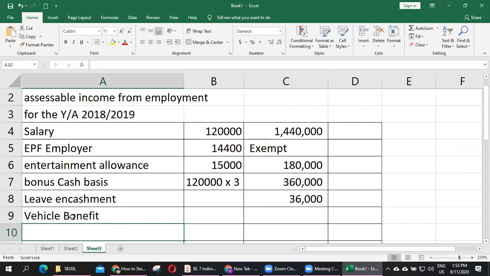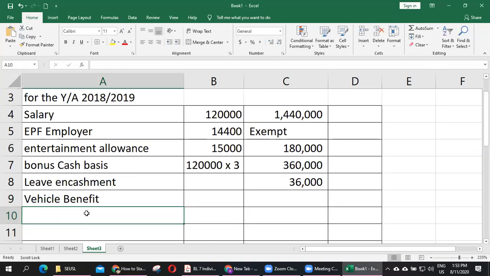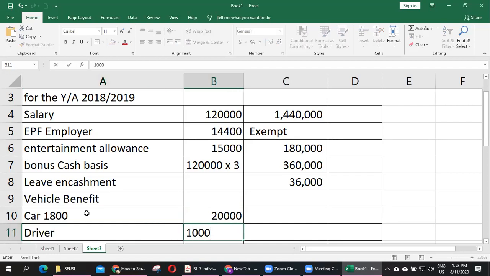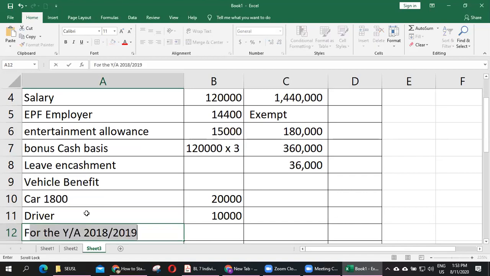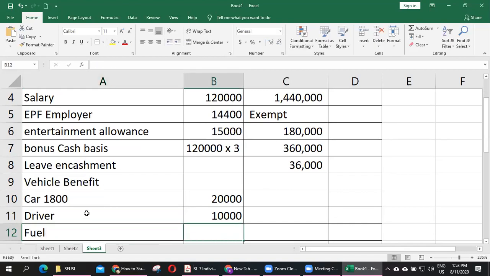Under this, for the car 1800 cc, how much? For the car, 20,000. And a driver, 10,000. And fuel, 20,000.